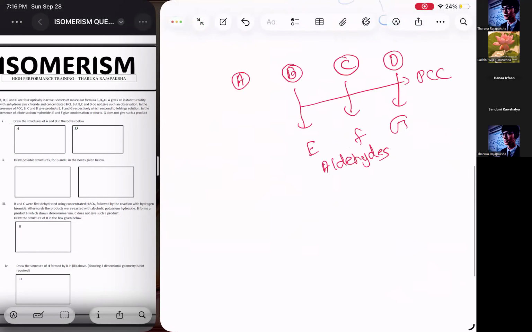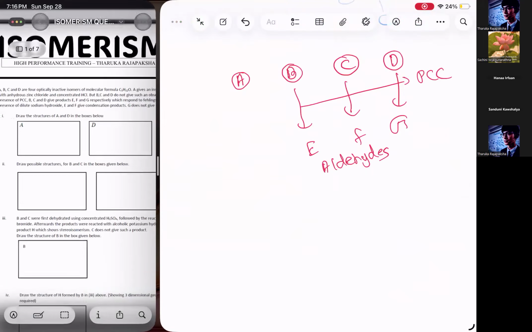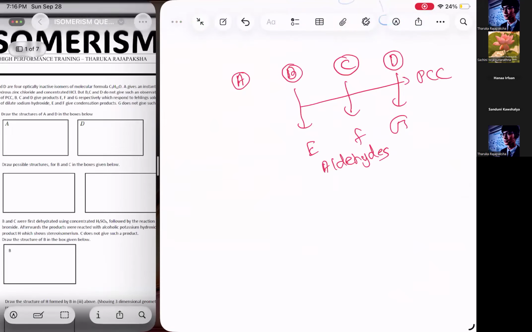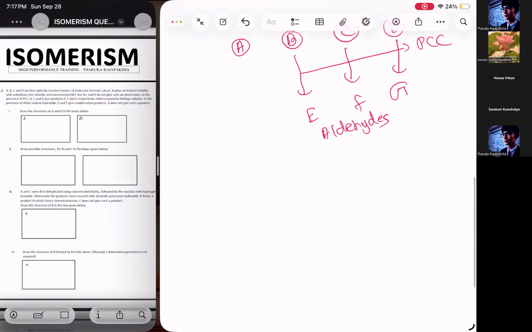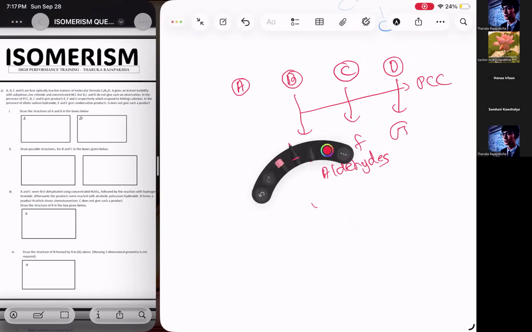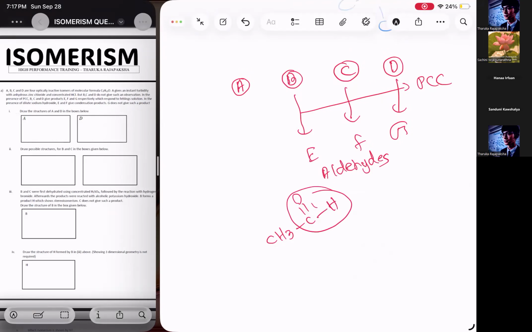The next point they are telling is, in the presence of dilute sodium hydroxide, E and F give condensation products and G does not give a condensation product. Now aldehyde is formed. Say, for an example like this, this one can give a condensation product.